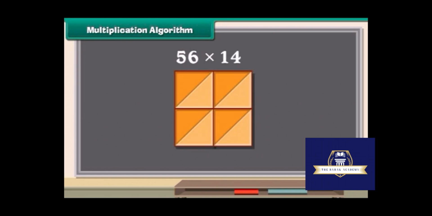Let us now use this grid to multiply two-digit numbers. Multiplication algorithm. Let us multiply 56 by 14 using the lattice multiplication algorithm. Write 56 across the top and 14 at the side vertically. First multiply 1 and 5. Write 5 in the ones place and 0 in the tens place. Then multiply 4 and 5 to get 20.